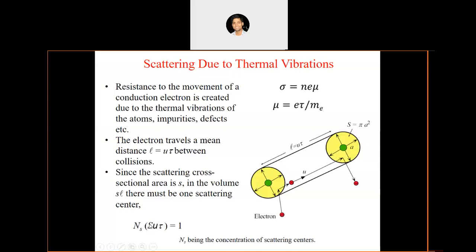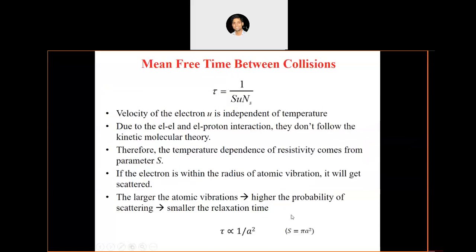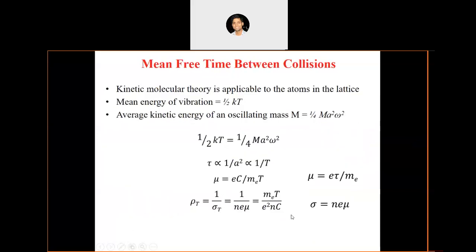That's why n_s times S U tau is equal to 1. Is that clear? I hope it's clear.